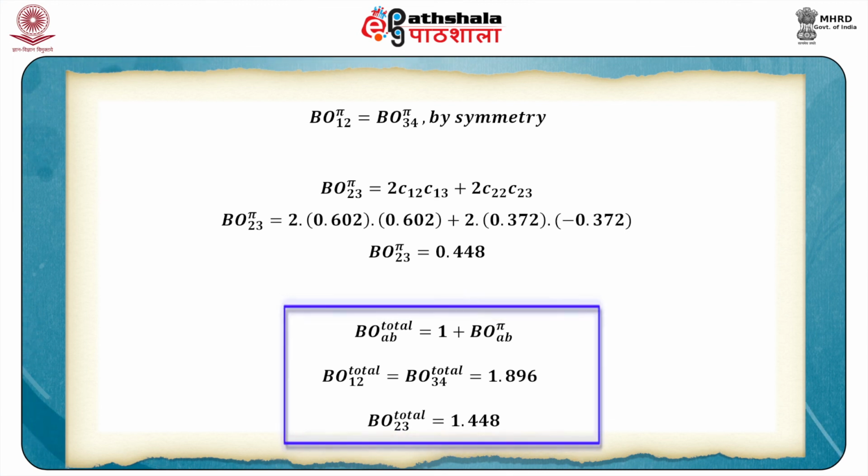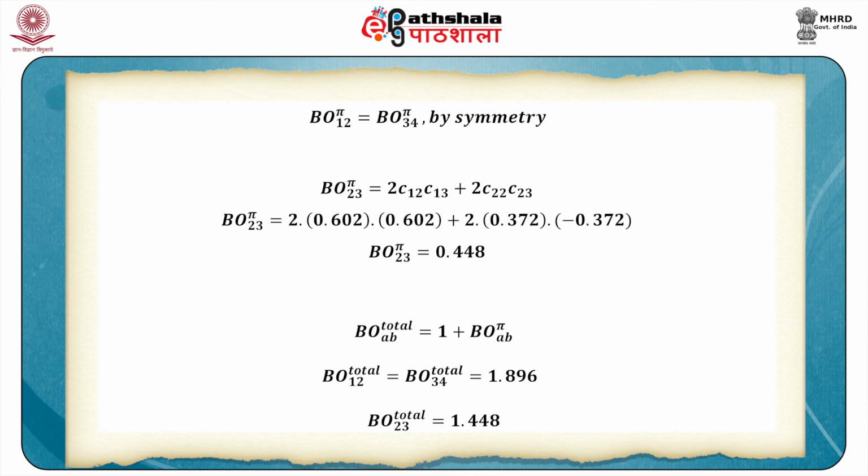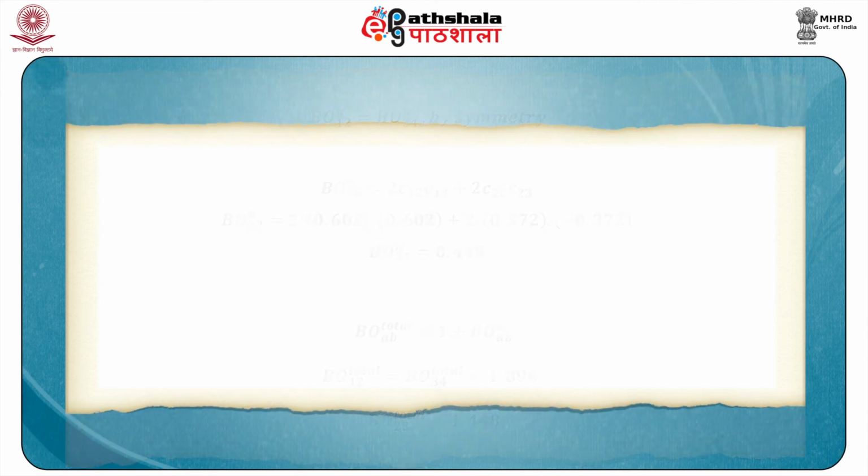Please see here that 1 is the sigma bond order and 0.896 is the corresponding pi bond order. Similarly, the bond order between carbon atoms 2 and 3 would be 1.448. Here again, the sigma bond order will be 1 and the pi bond order between 2 and 3 would be 0.448.